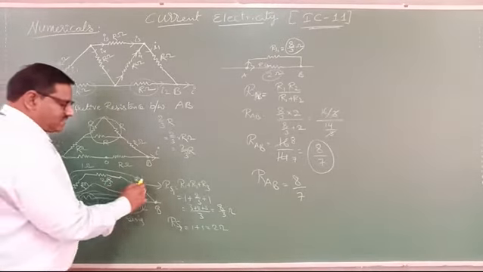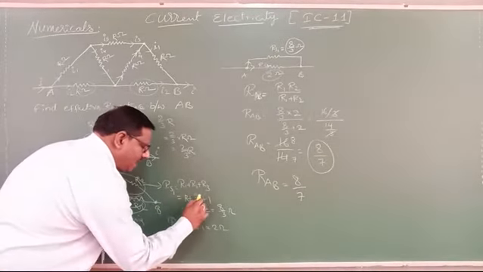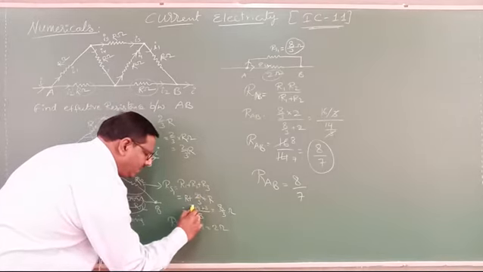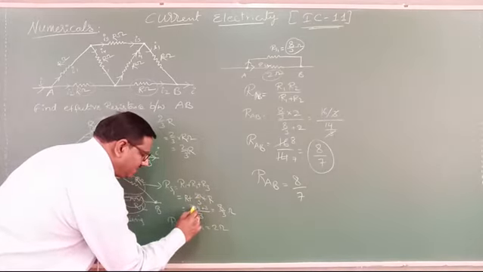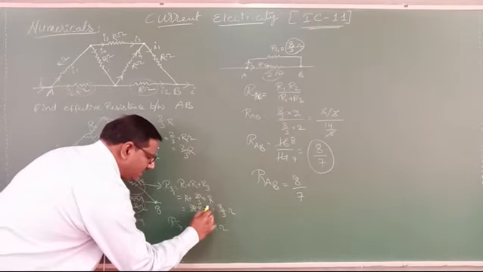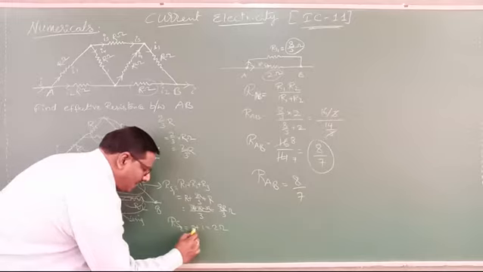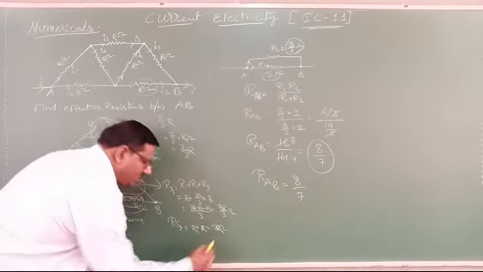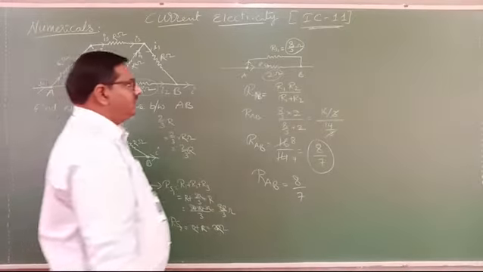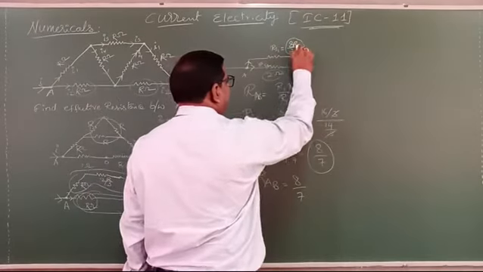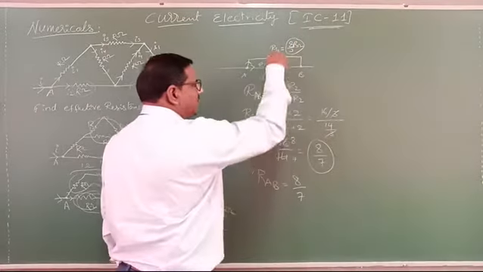Then R plus R plus R, here R, here R, here R. Then 3R, 2R, here 3R. Then the total will be 8R by 3. Here R plus R, totally 2R. Understood? Now here 8R by 3, here 2R. Now both are in parallel.